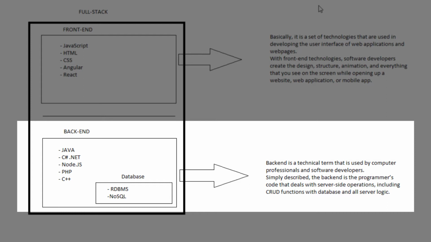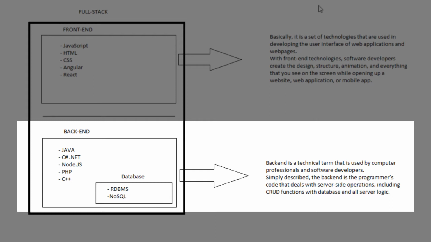All the business logic, all the insert, update, delete functions, which are basically create, read, update, delete functions, is something that you will be doing as a backend developer. Here is the stack, what is included there. You have the Java programming language, you have .NET, in this case C#. Also Node.js, which is also JavaScript, but it runs on the server side. You have PHP, C++, so these are the most famous ones, so to say.